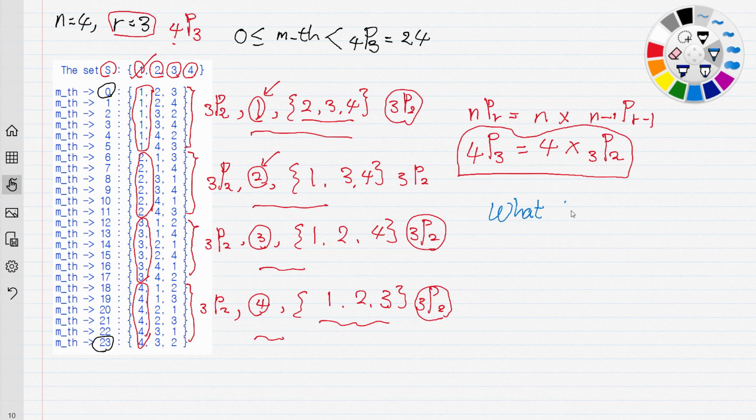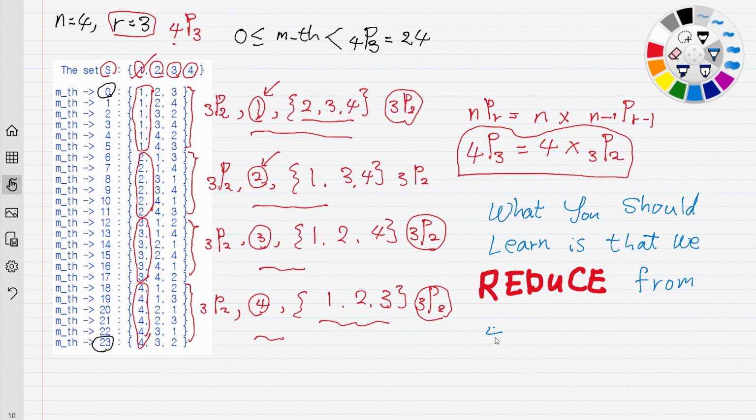What you should learn is that we reduced from 4P3 to 3P2, or n to n minus 1.